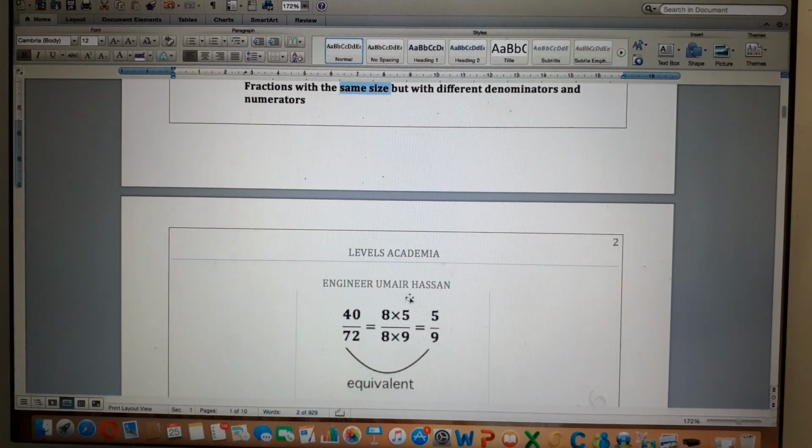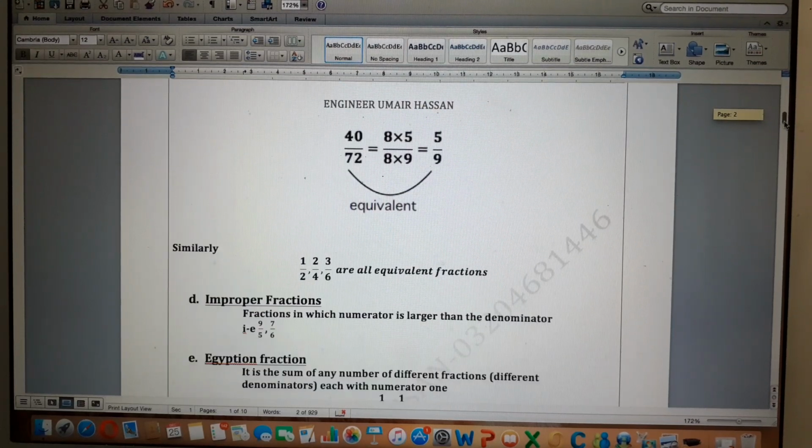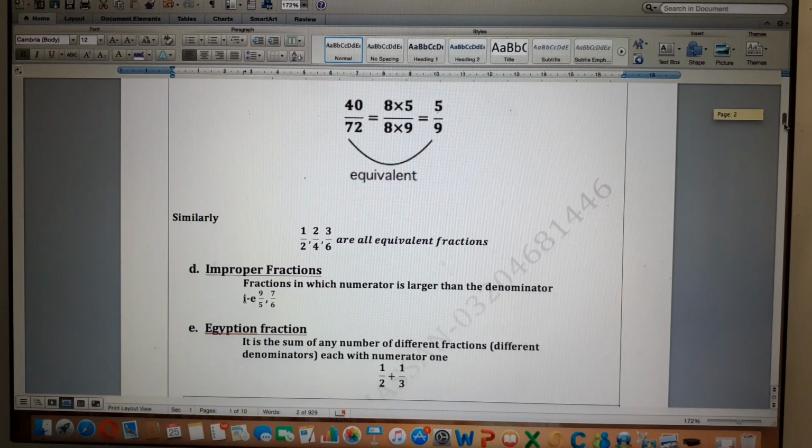So 40 over 72 and 5 over 9 both have the same size. You have the same size, but different denominators and numerators. Such fractions are called equivalent fractions, where numerators and denominators may be different but their size is the same.